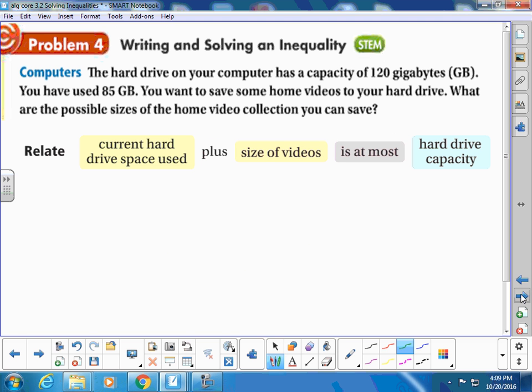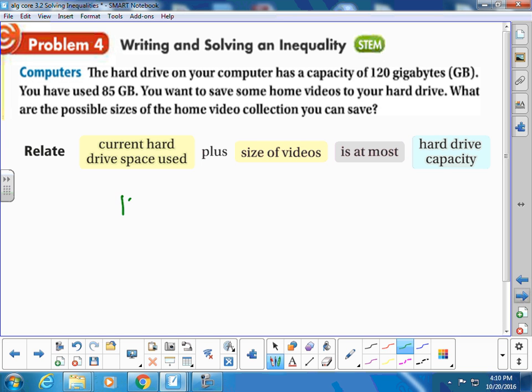All right, let's try a word problem. So if we have a computer with a hard drive that has a capacity of 120 gigabytes, and we've already used up 85 of them, you want to save some home videos to your hard drive. What's the possible size of the home video collection that we can store? So let's see, current hard drive space.